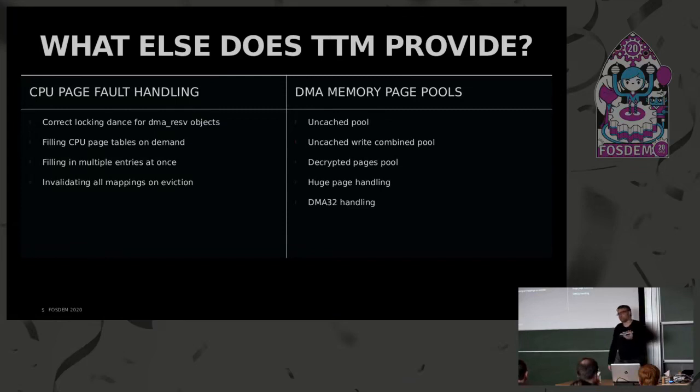Now, uncached system memory is something rather unusual, because when you want to access something fast with the CPU, you usually want to have it cached, so that one read doesn't result in tons of memory transactions. But making system memory uncached is actually a rather costly process. We first call into the Linux kernel, say get free pages, to get a free page, and then you change the caching attributes of that page, which requires a system-wide TLB flush of the kernel page table, and that can take quite a while.